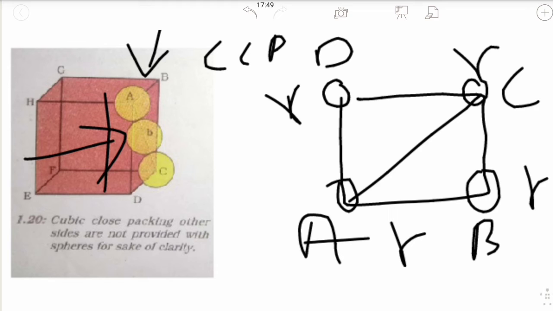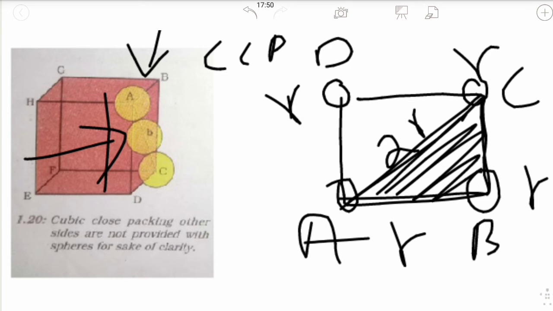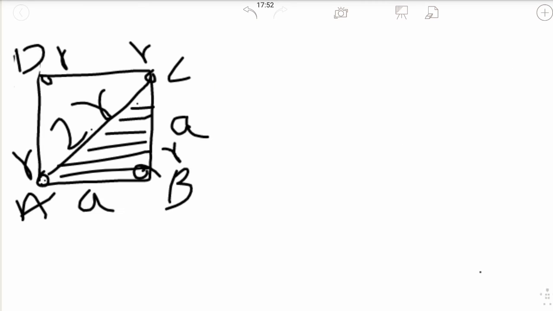The diameter of each particle is 2r. Now here we can apply the Pythagoras theorem easily to this triangle ABC, to find the packing efficiency of the cubic structure. The edge length of each side of the cube is a.